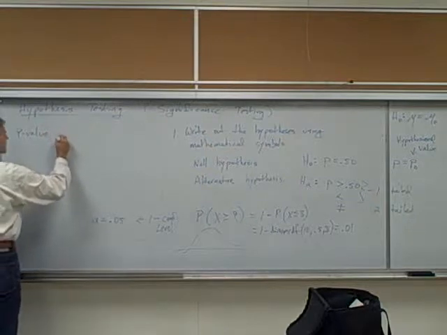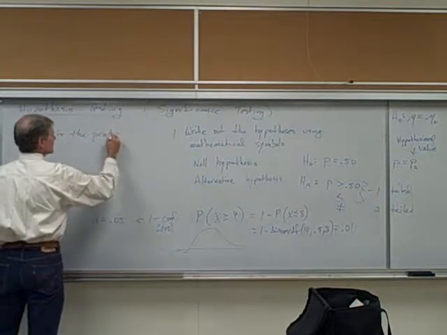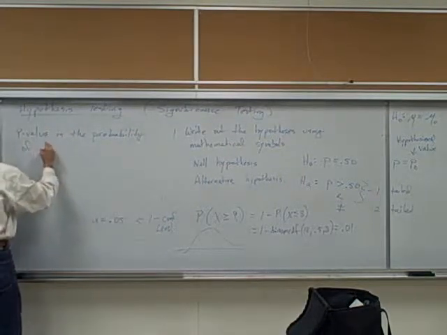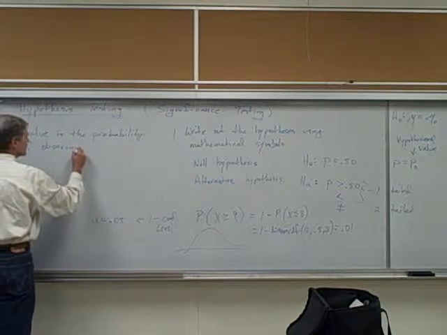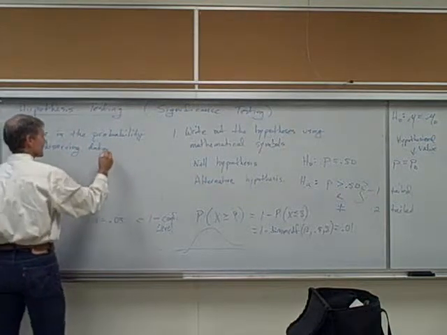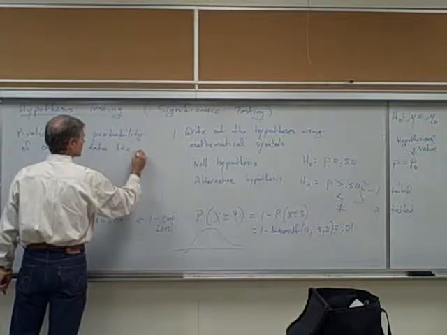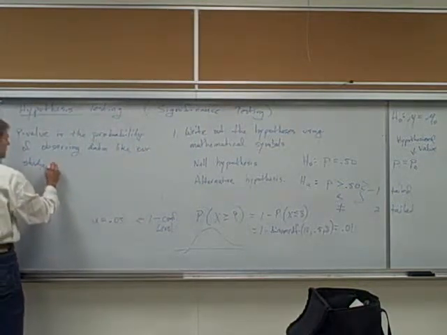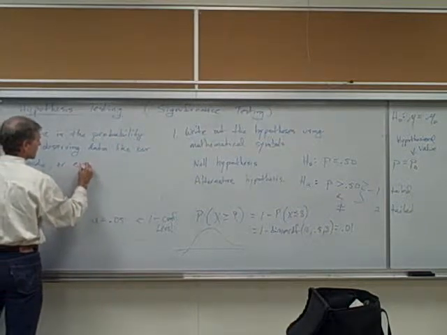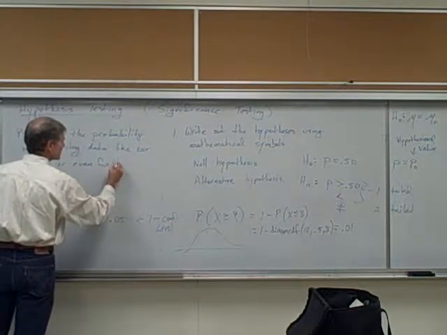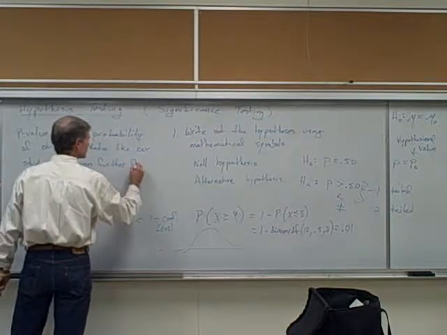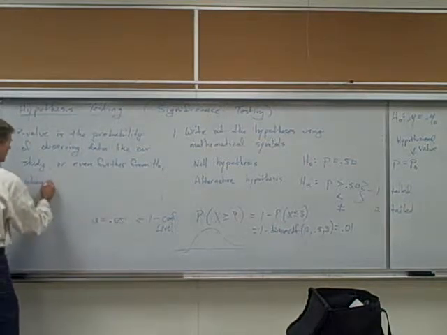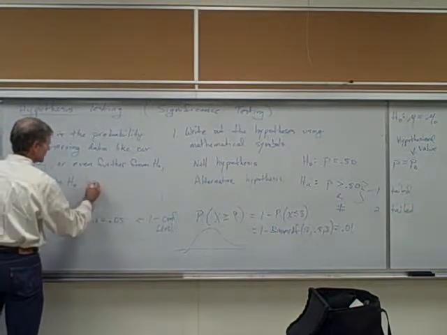The p-value is the probability of observing data like our study, or even further from the null, further out in the tails, when the null is true.